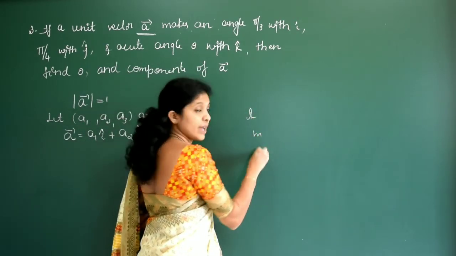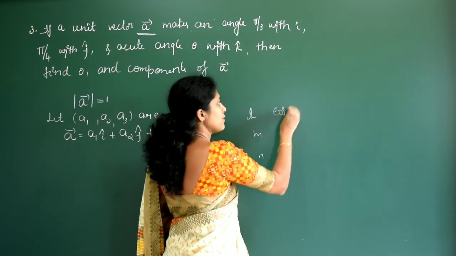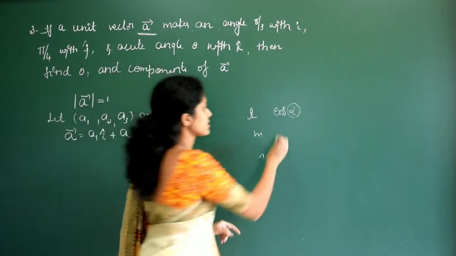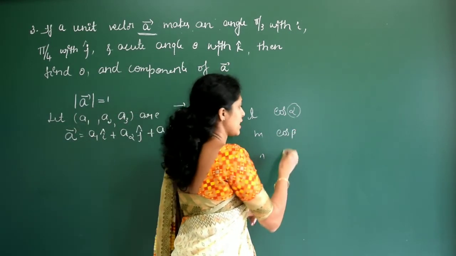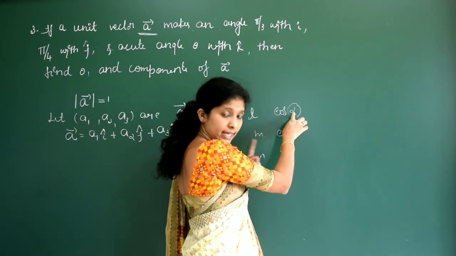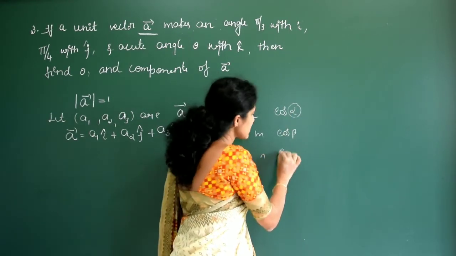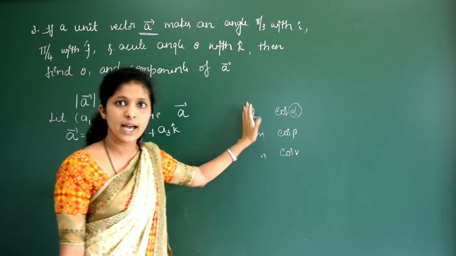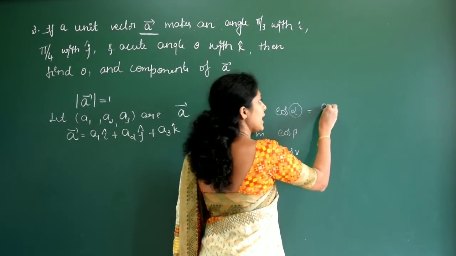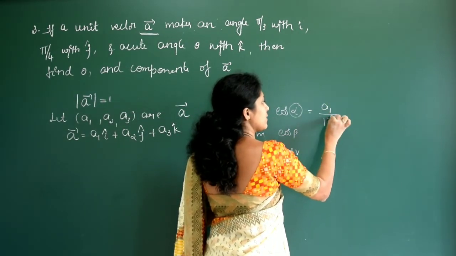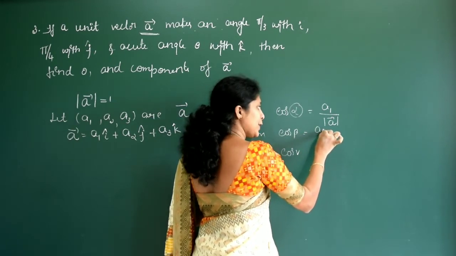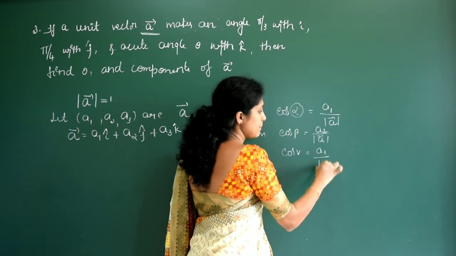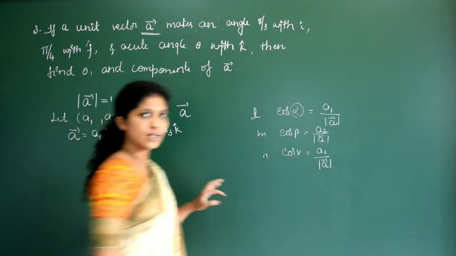L, M, N. So this will be cos alpha, where alpha is the angle with the x-axis, cos beta with the y-axis, and cos gamma with the z-axis. We'll use the formula: cos alpha is equal to A1 divided by the magnitude of A vector, cos beta is A2 by magnitude of A vector, and cos gamma is A3 by magnitude of A vector. We'll use this formula to solve this.